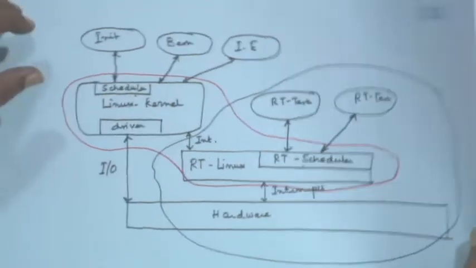So, with this we have looked at the requirements of real time operating systems in general. Now, we will look into some other aspects of real time systems. Gradually, we will move to the scheduling part, but before that, as has been said, timing and predictability are two very important issues for real time operating systems.